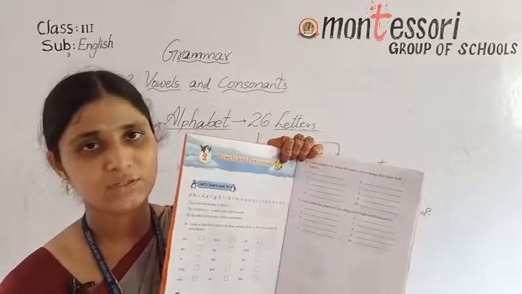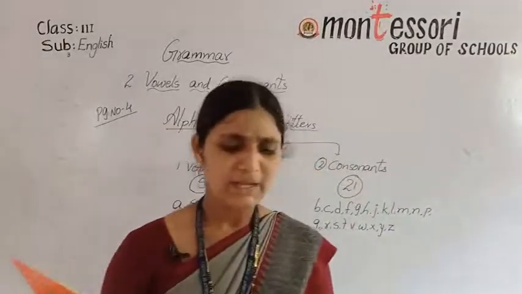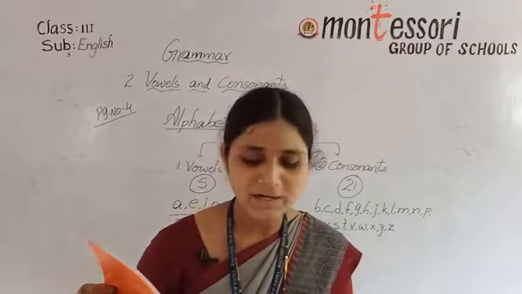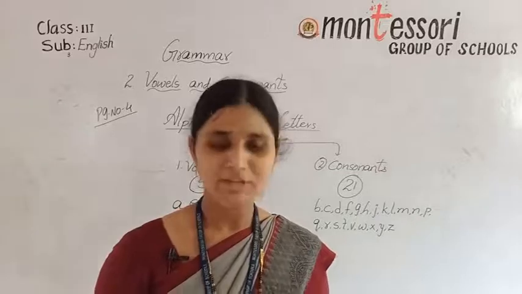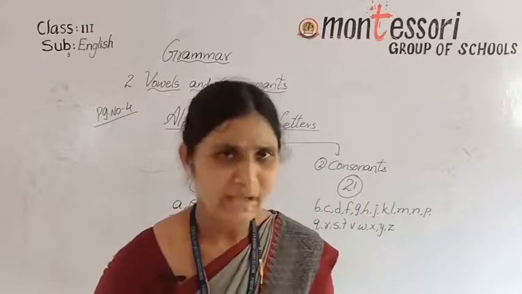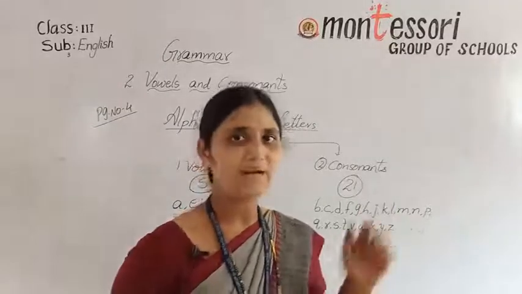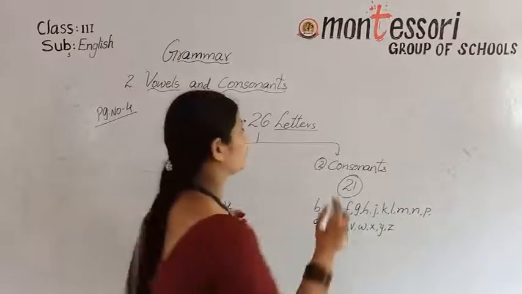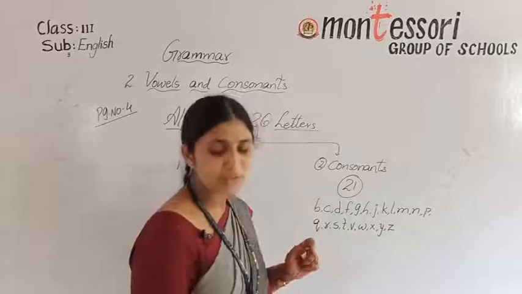Small letters. What are those? Please tell me. Read loudly the red colored letters. A, very good. E, I'll write it on the board. You have to read it loudly, my dears. What is the red colored letter first on that line?